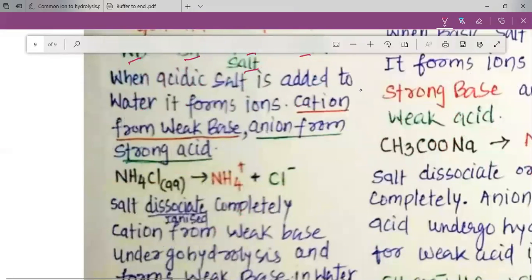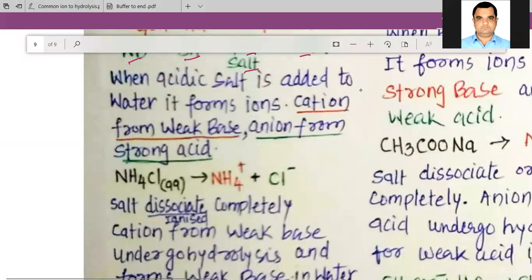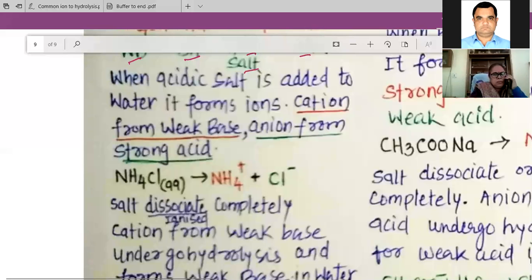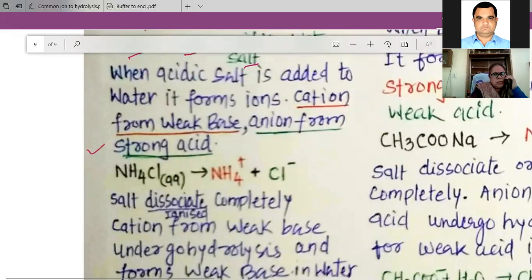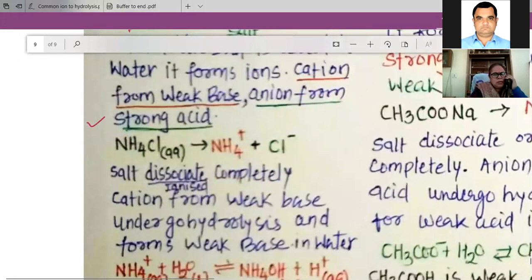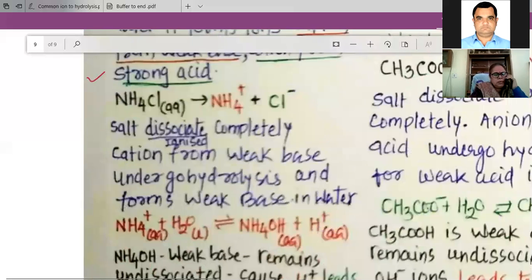When acidic salt is added to water, it forms ions, cations from the weak base and anion from the strong acid. So this NH4Cl, when it is added to water, it produces NH4 plus and Cl minus.